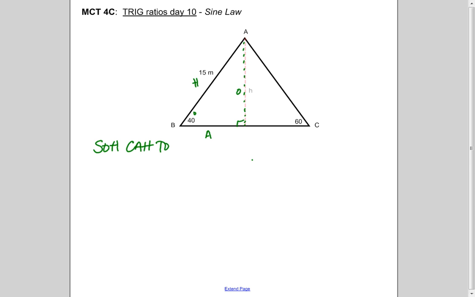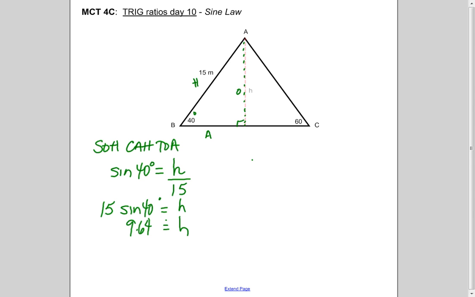So in the triangle on the left, I could use opposite and hypotenuse, so sine of 40 degrees equals the opposite side, which is the little h, over 15, and solve for h that way. So my height would be 15 times sine 40, which gives me an approximate height of 9.64 meters.